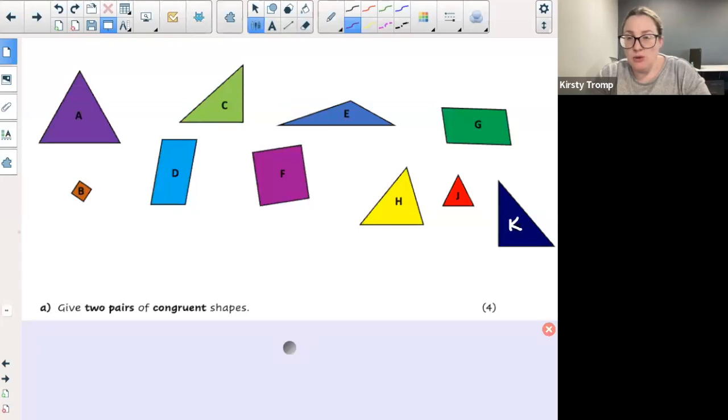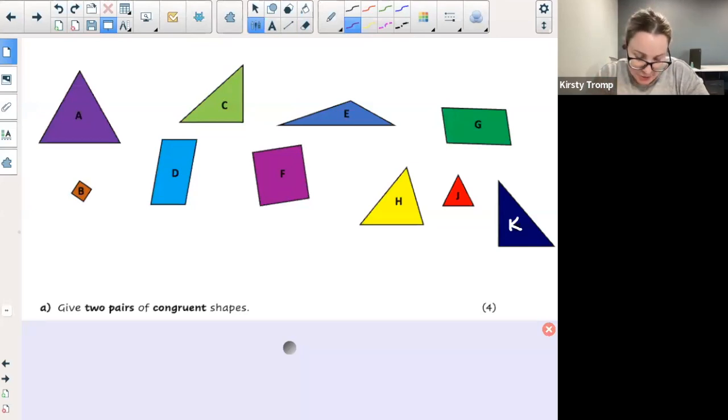Let's go with Mulalo. Your hand was up. Mulalo, which ones do you think are congruent? Ma'am, I think A and J. A and J. Okay, remember congruent means exactly the same.